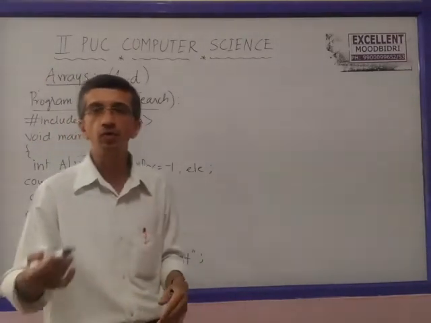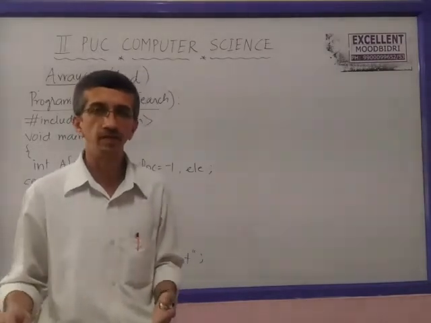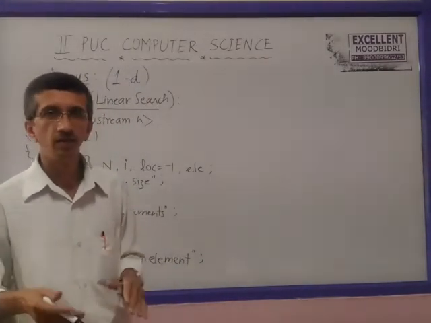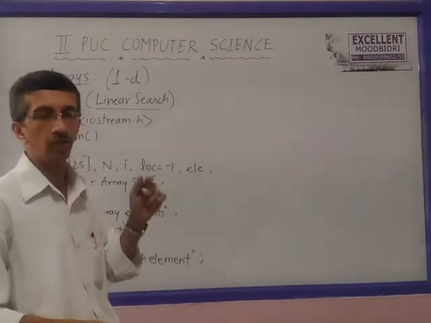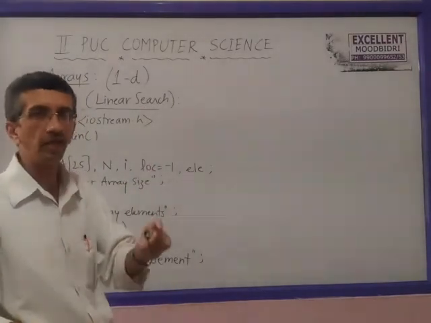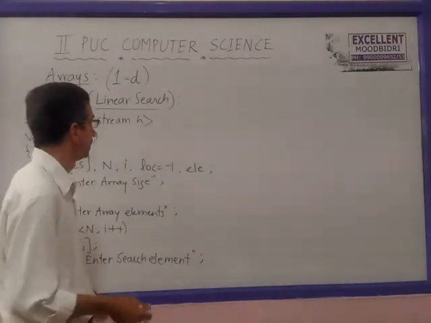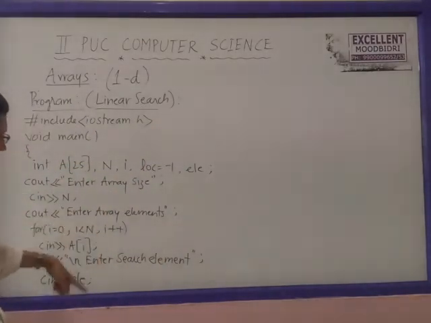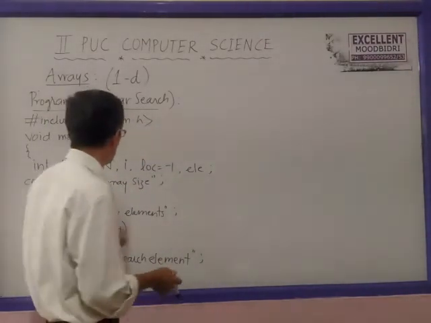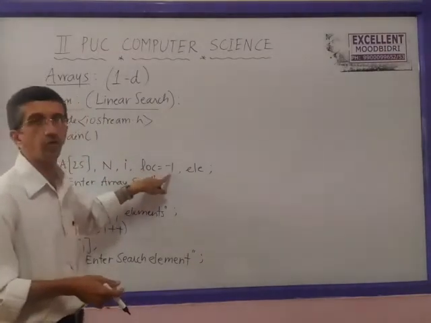In the algorithm we have not indicated the input of array elements and the entering of the search element. These are quite obvious. That is why the algorithm focuses only on the main logic of linear search. Now let us write the statements of the linear search. location = -1.